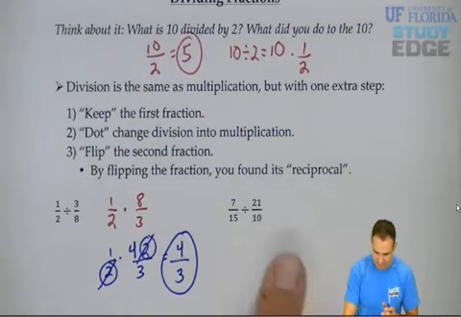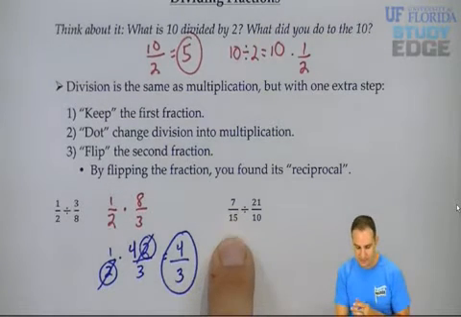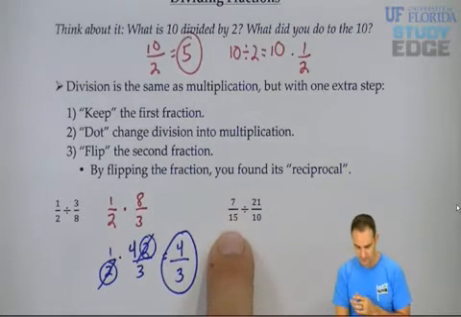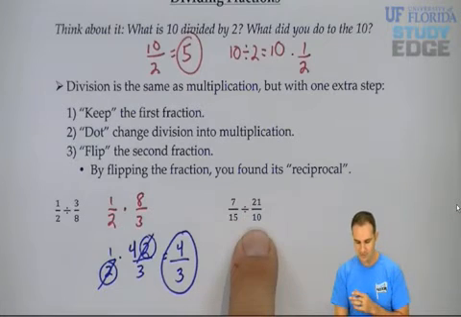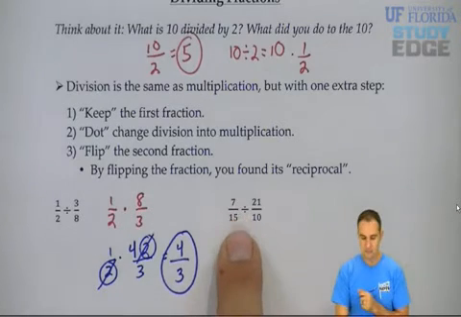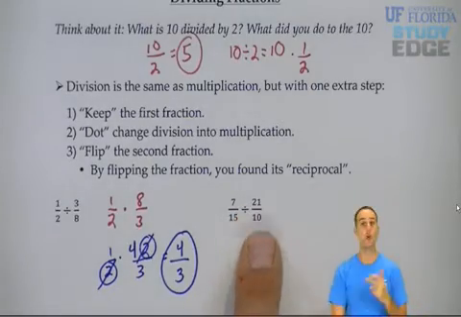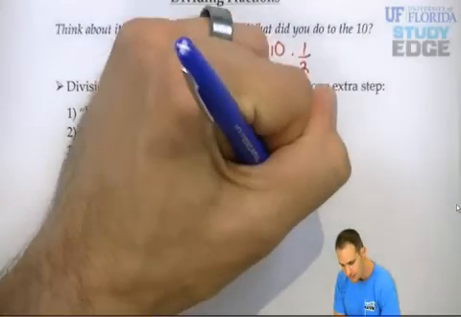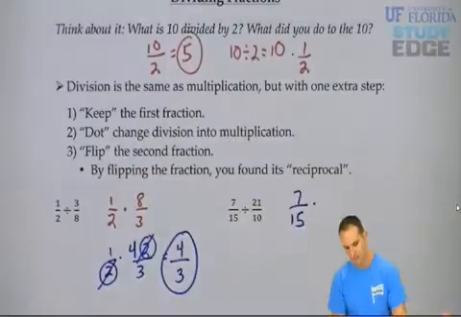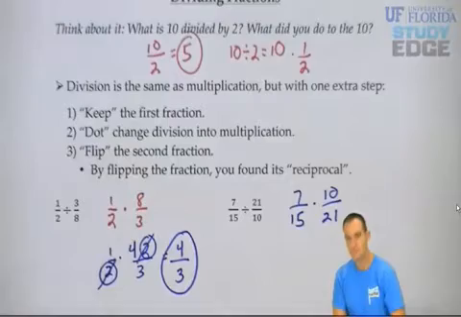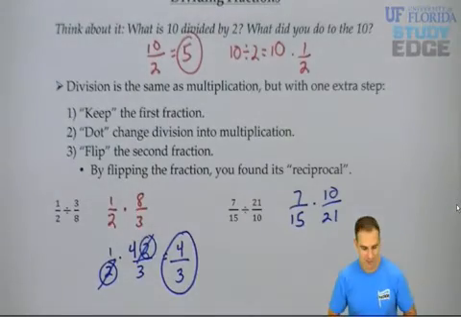Let's do it again. 7 over 15 divided by 21 over 10. We're dividing fractions here. Keep, dot, flip. Now we're multiplying.